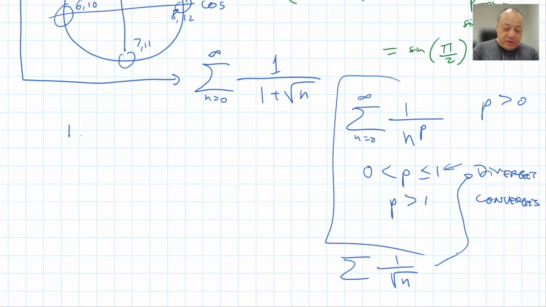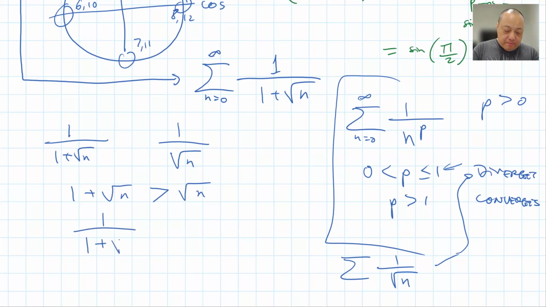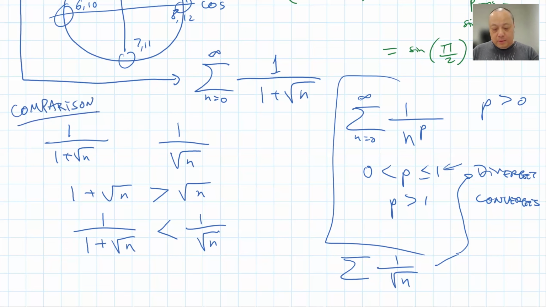My series has 1 over 1 plus square root of n, and the series I want to look at has 1 over square root of n. Well, I know that this quantity is larger than this quantity, and so the reciprocal of it is less than. Well, being less than a divergent series doesn't help.